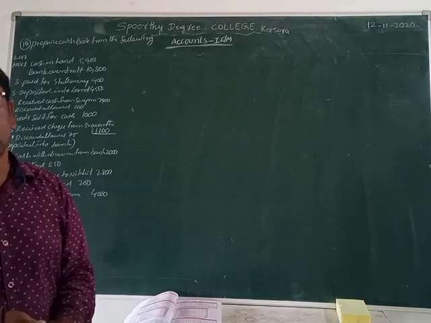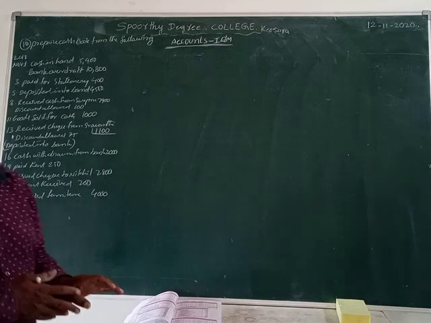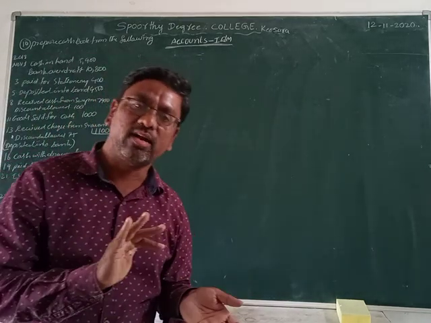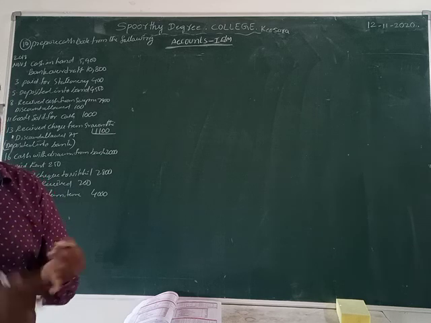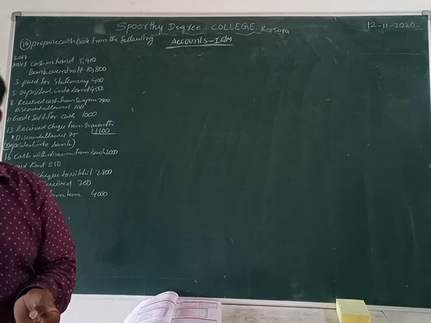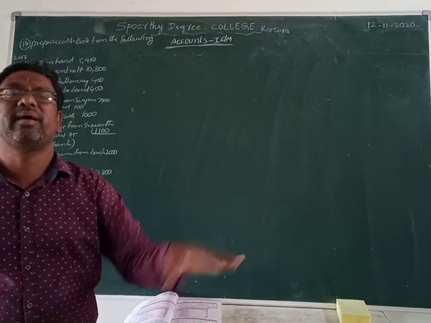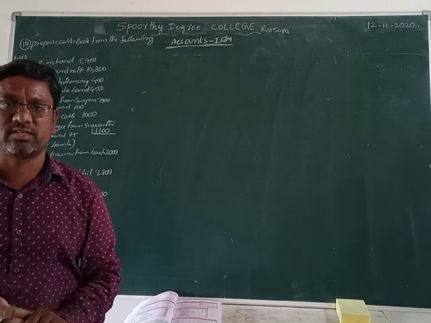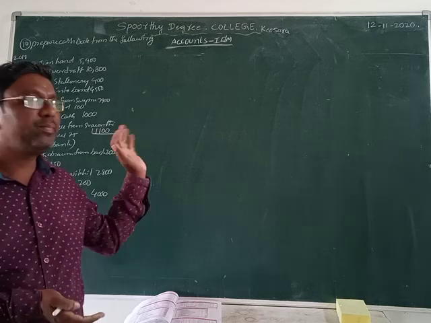There are also discount allowed and discount received given here. The cash account is a real account, the bank account is a personal account, and the discount account is a nominal account. Three accounts at a time we can prepare in a three column cash book, friends.